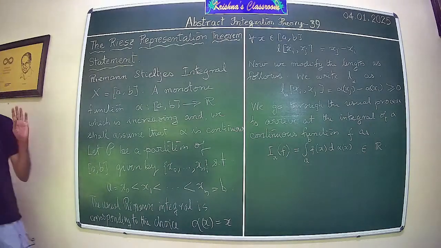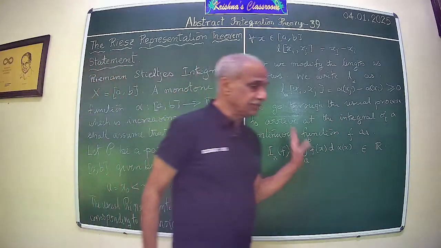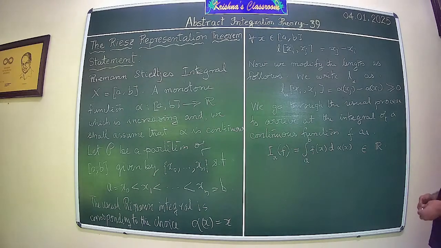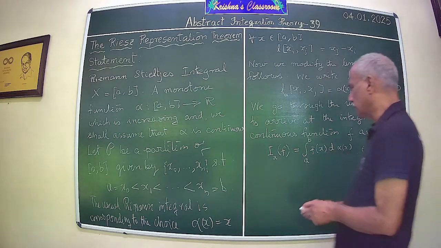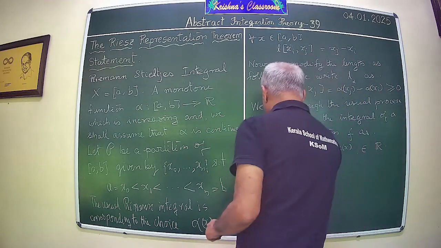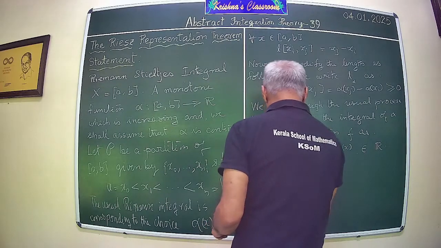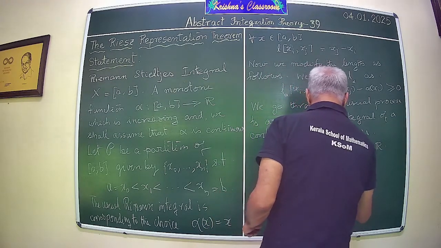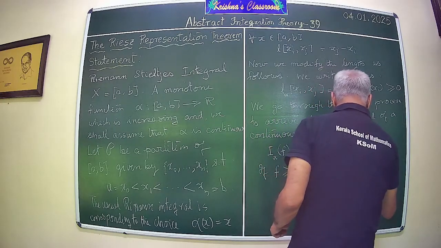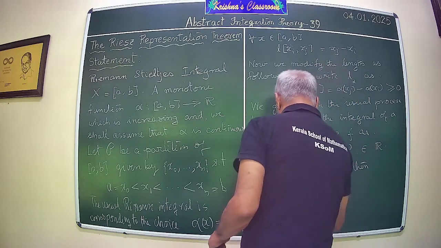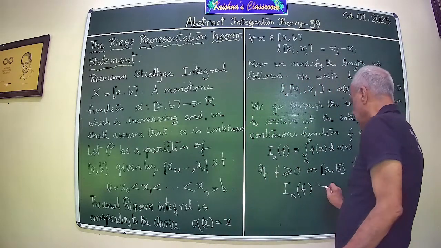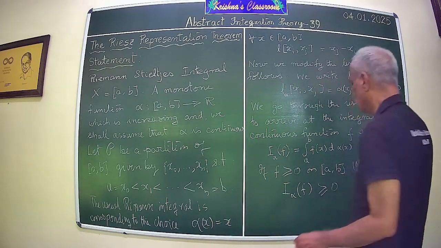Otherwise, if you are using a complex valued function, then you get a complex number. And you also observe that if f is greater than or equal to 0 on [a, b], then I alpha of f is greater than or equal to 0.